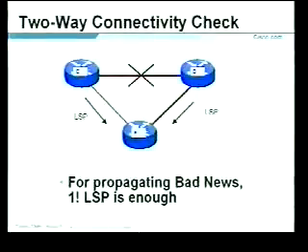So before giving you some suggestion on how to tune those timers, here is the reason behind this suggestion. We want to optimize for the bad news. We want to optimize for the loss of an adjacency. And in Dijkstra, in this algorithm that is used to compute the shortest path tree, thus the routing table, you will only consider an adjacency between two nodes if it is reported by both ends.